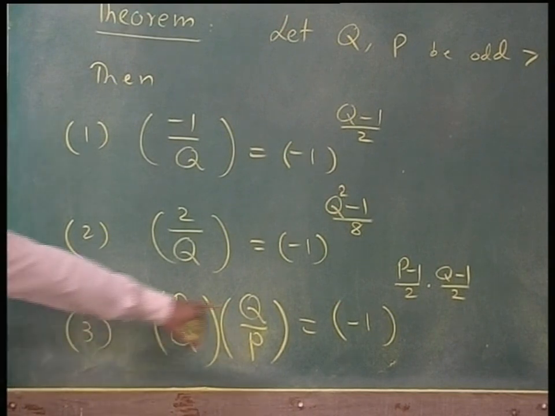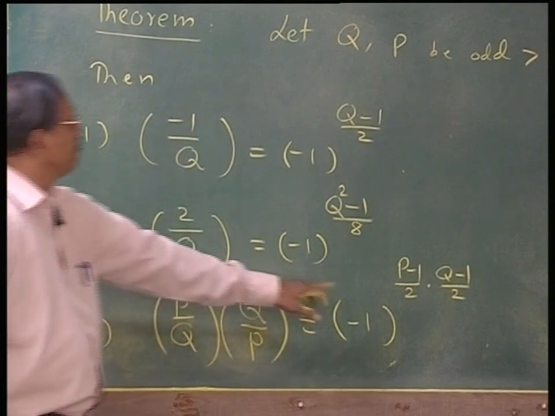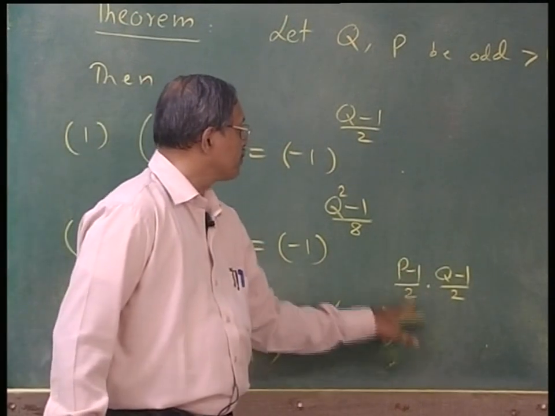Third thing, this also you can write in a simple manner. If at least one of P and Q is congruent to 1 mod 4, then either P minus 1 by 2 is even or Q minus 1 by 2 is even. The product is even, and minus 1 raised to an even number is plus 1, so the value is plus 1. And then P by Q will be equal to Q by P. If both are minus 1, that means P minus 1 by 2 is odd, that means P is congruent to 3 mod 4.